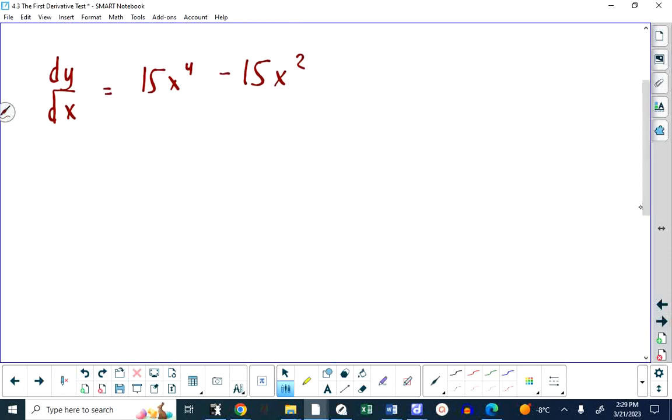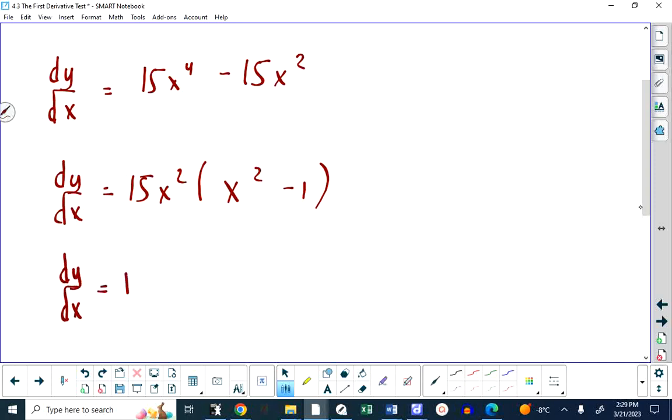I can see I can factor a 15x squared out and have left x squared minus 1. Fair enough? The x squared minus 1 is a difference of perfect squares, so I can write this as dy dx equals 15x squared times x plus 1 times x minus 1.